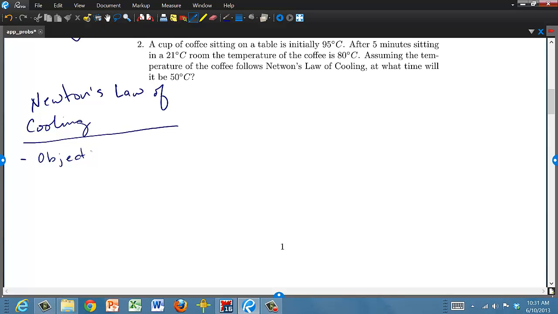If you have coffee sitting in a room, then the heat loss of the cup of coffee does warm up the room a little tiny bit, but we can pretty much just ignore it because it's not very much. So we've got an object, in this case a cup of coffee, that's not affecting the ambient temperature.